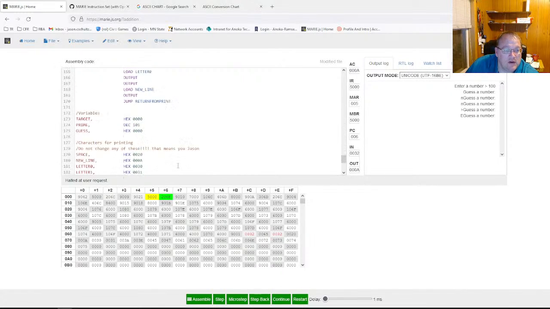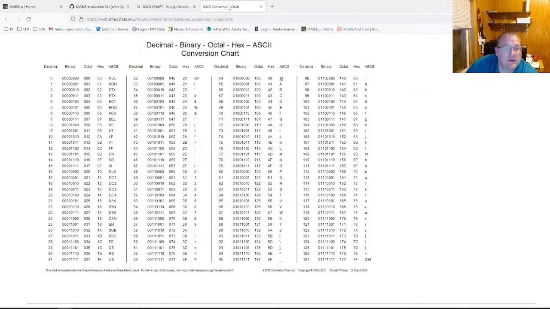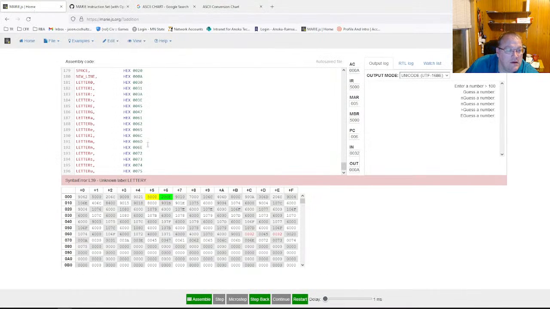Okay, so we've got a whole bunch more letters to add in here. Let's go ahead and assemble this. So letter Y, all right, capital Y is hex of 0059. So that will be here. Letter Y, hex 0059.